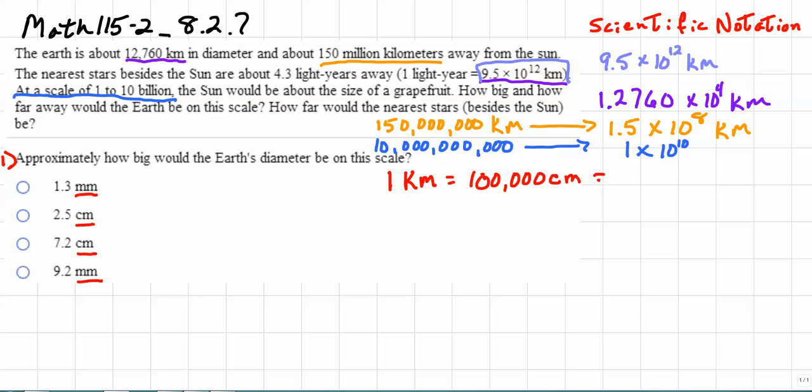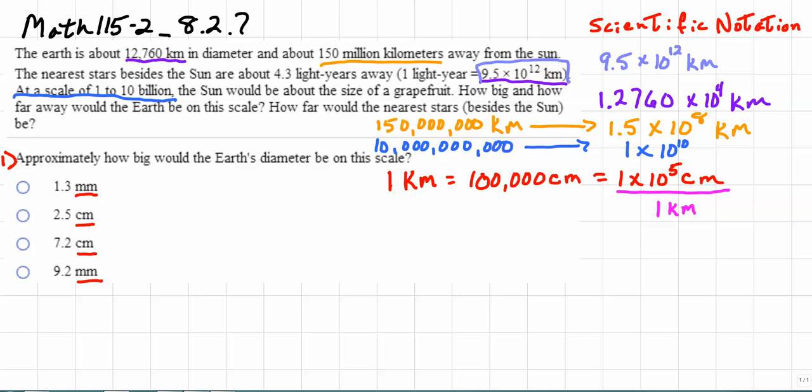In scientific notation, that's 1 times 10 to the 5th centimeters, and that's my conversion factor. I can write this as a ratio of 1 times 10 to the 5th centimeters to 1 kilometer, and this is what we're going to multiply by to find our actual information.